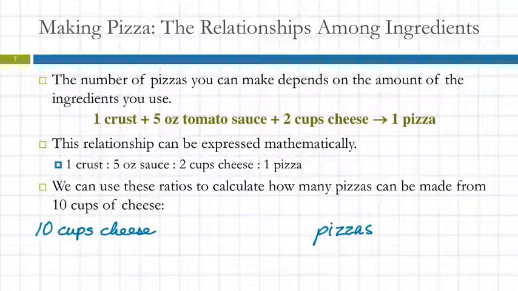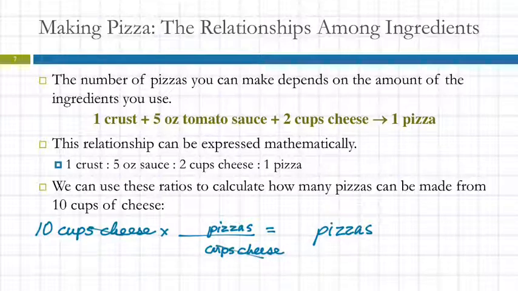I can use dimensional analysis, and my conversion factors are going to come from this equation. So I have cups of cheese, I want to know pizzas, so I'm going to have 1 fraction here, and I'm going to have pizzas on the top, and I'm going to have cups of cheese on the bottom. And I'm going to do it that way so that the units cancel out. You with me?